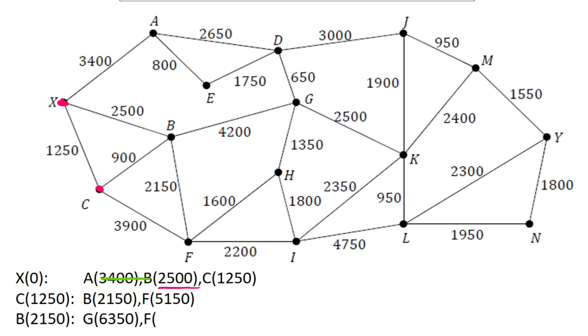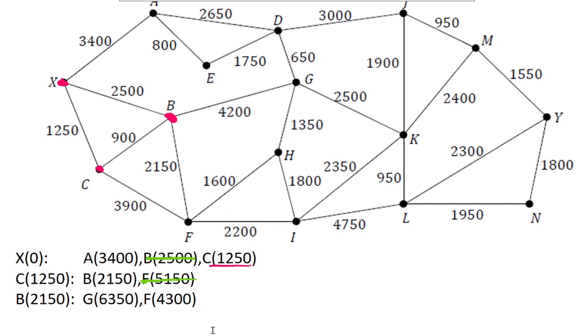So now B is visited, so we can cross that off. Are we discounting any option? Well, F for 5150 is not an option, because we have that 4300. Okay, so we've discounted that.